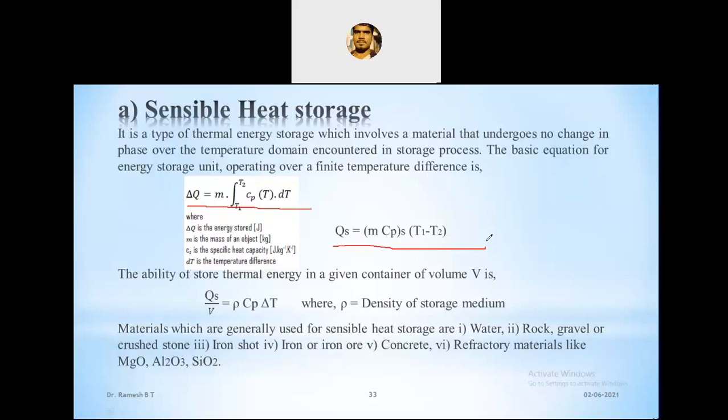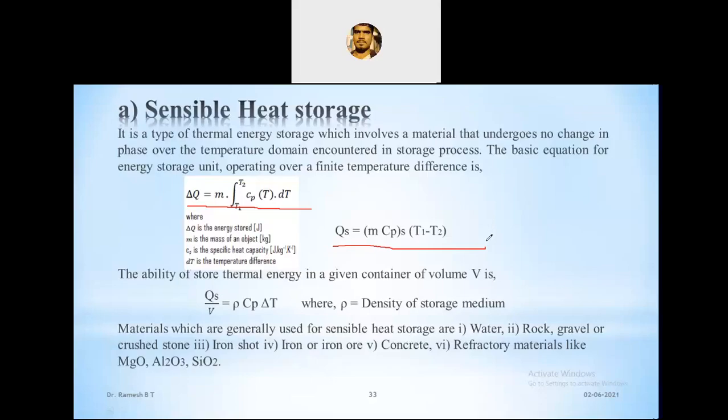And dT means the change in temperature, the difference T1 minus T2. T1 is the higher temperature, T2 is the lower temperature, and the difference may be 10, 20, 30, 40 degrees, like this. That directly relates to how much energy is stored. The more the change in temperature, the more the energy.